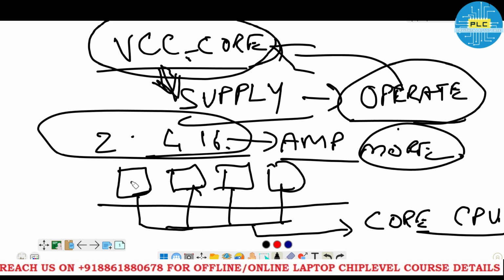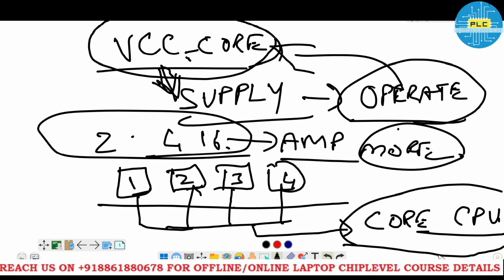Understood? It may be 1, 2, 3 or 4 or multiple. Generally, I can't tell you exactly whether it's 2 or 4 or 3 coils. So that many coils you will get in the VCC core section to supply the CPU core.